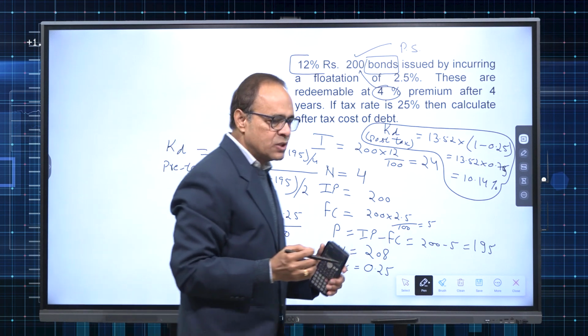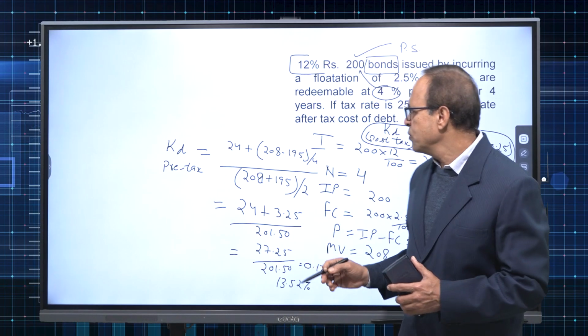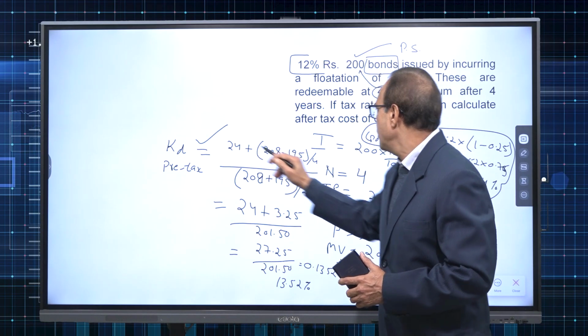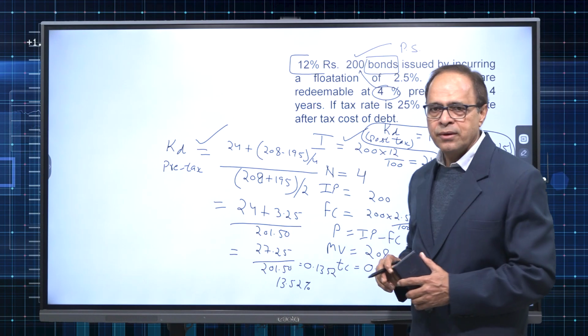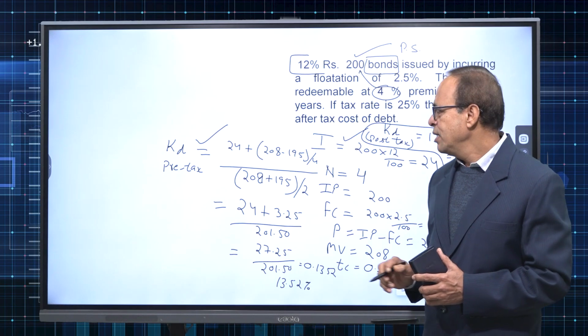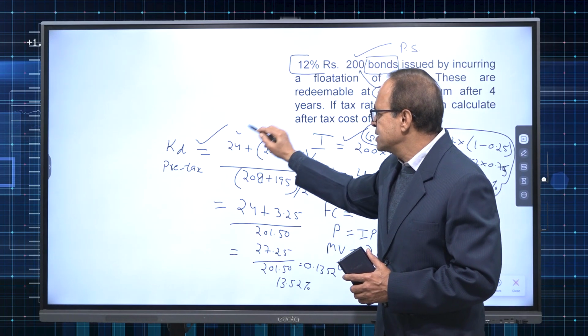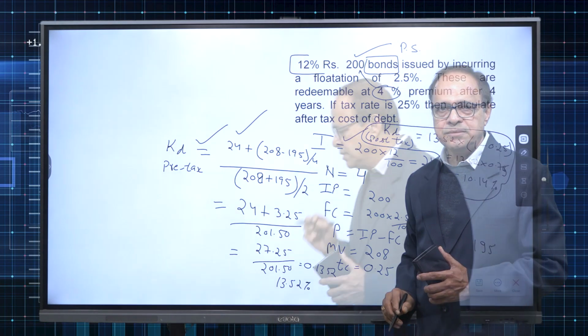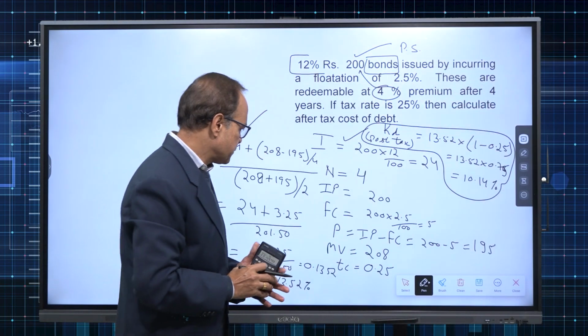If I simply ask you MCQ, will it be equal to pre-tax KD or post-tax KD? What is your answer? Keep on thinking. However, my hint is that answer will be this. We can proceed further now.